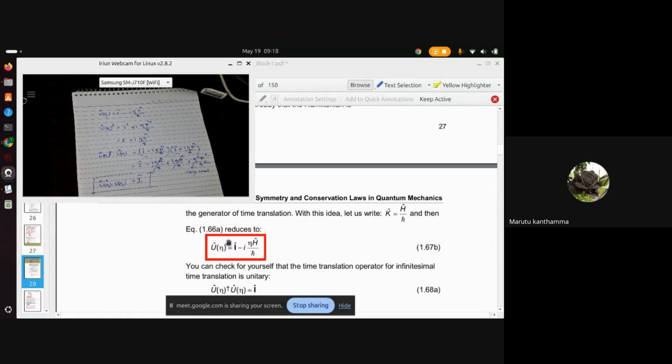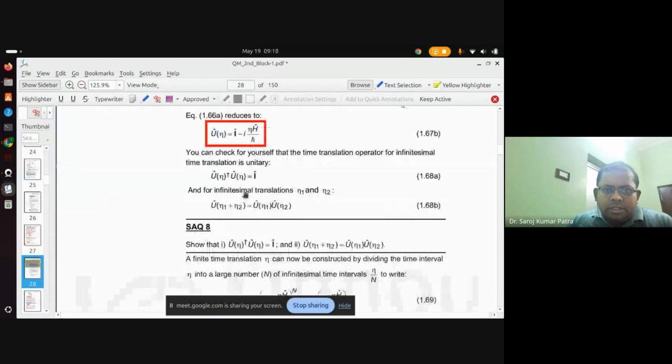Yes, sir. Yeah. Similarly, if we take eta 1 plus eta 2, by using this one, you can simply express that it will be the product of u eta 1 and u eta 2.